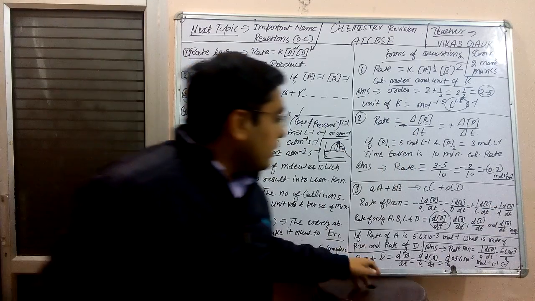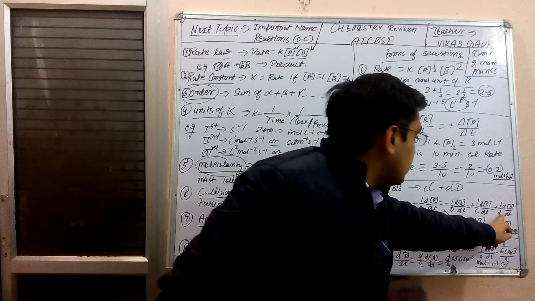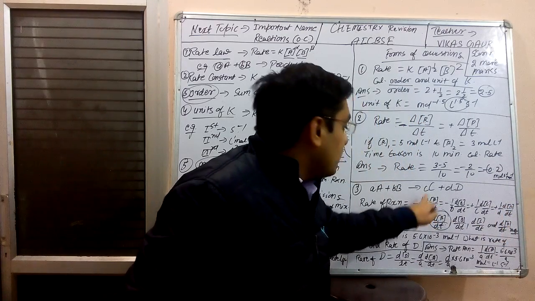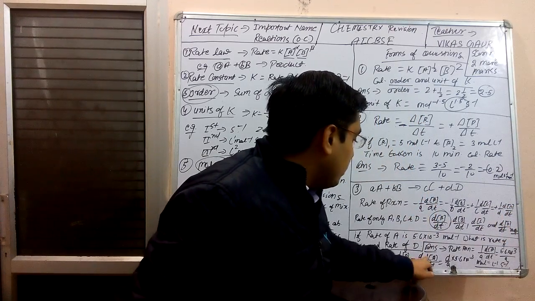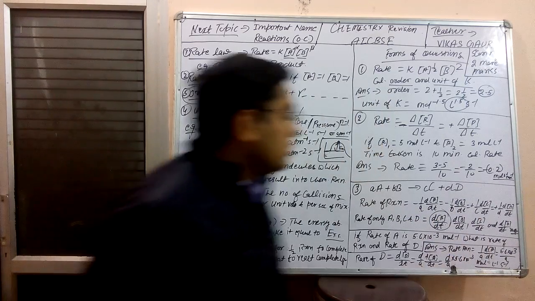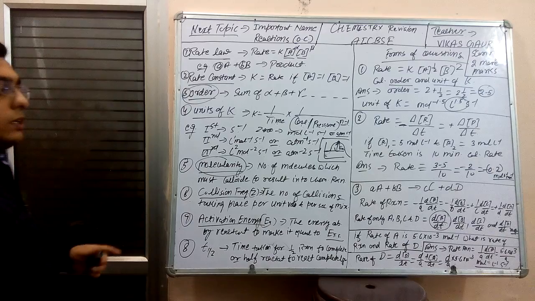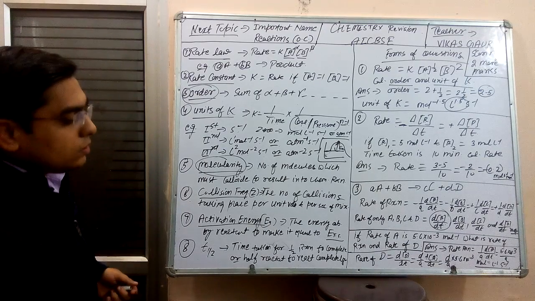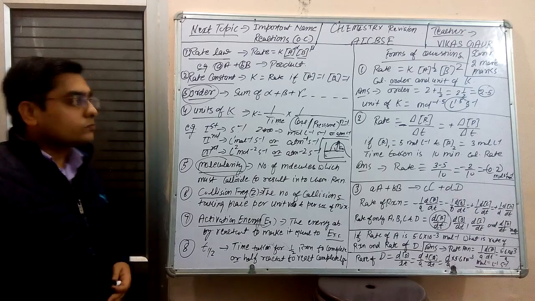And rate of D, according to this, dD by dt is equal to d upon a into dA by dt. So d upon a into dA by dt, the value given is 5.6 times 10 to the minus 3 in moles per liter per second. You will get the answer.